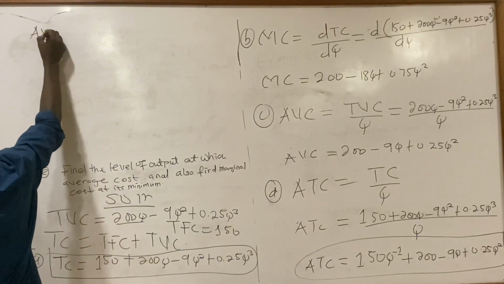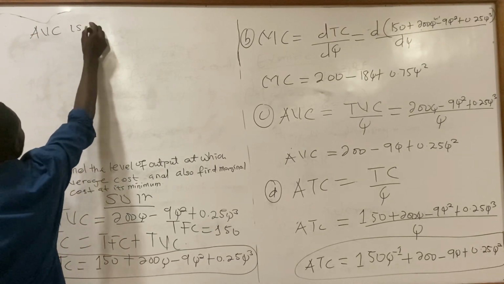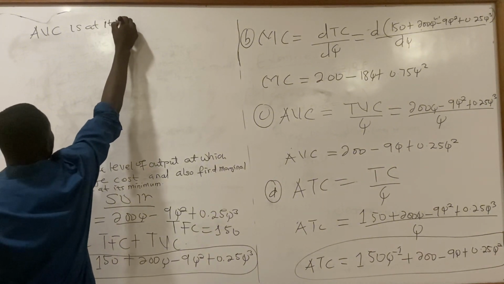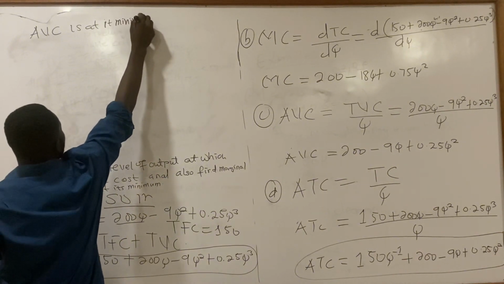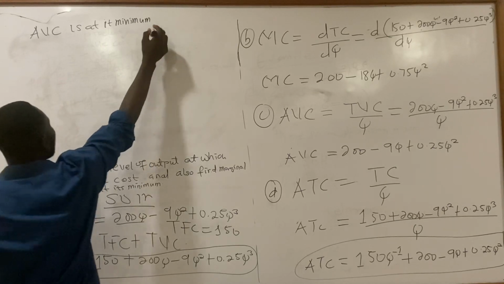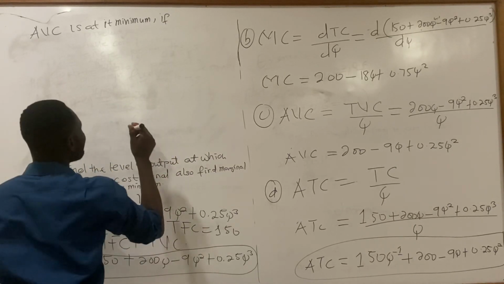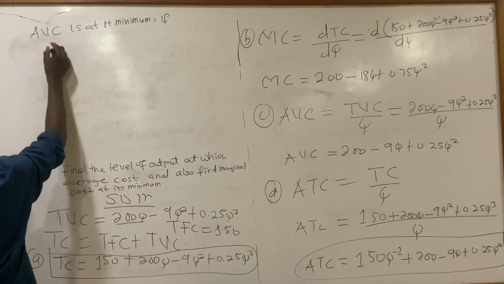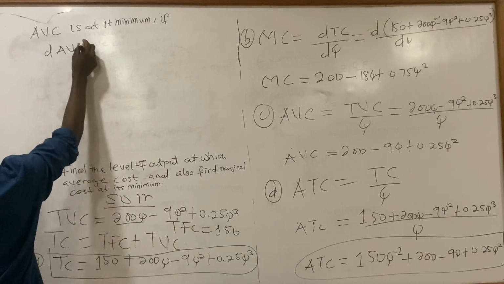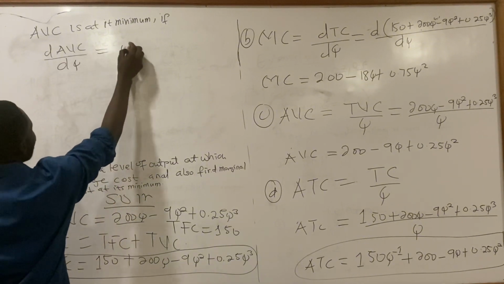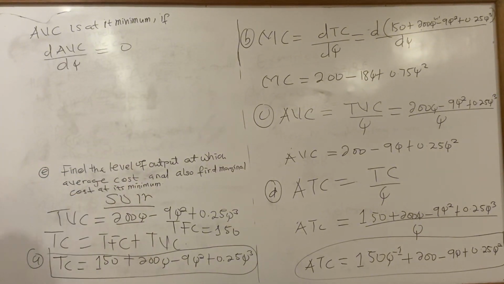So AVC will be at its minimum if the differential of AVC with respect to the quantity is equal to 0.